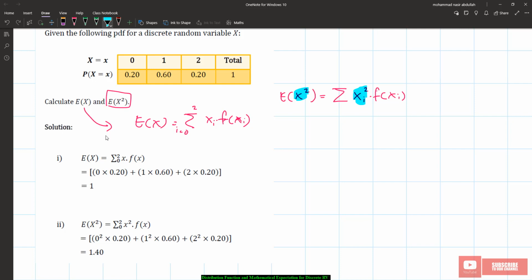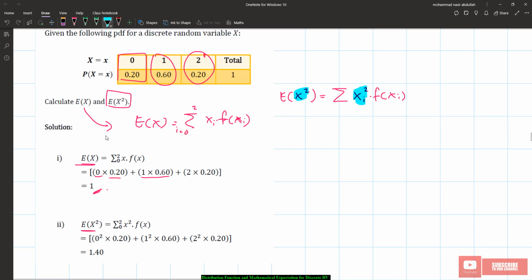So if we look here, if you want to find E(x), 0 multiplied with 0.2, which is the first one, 1 multiplied with 0.6, 2 multiplied with 0.2, and everything should add up to 1. If you want to find E(x squared), then 0 squared.